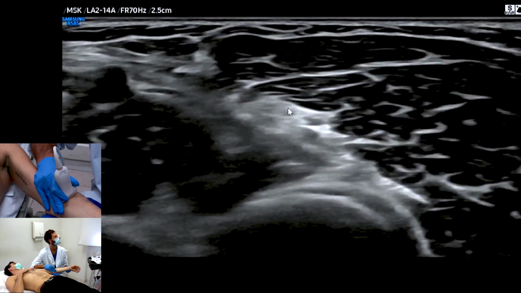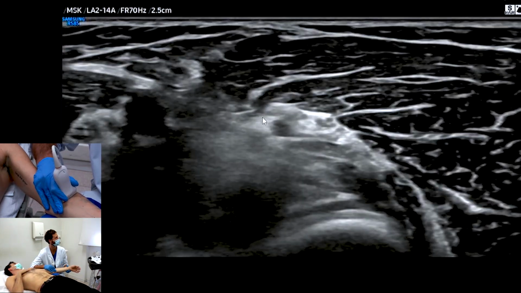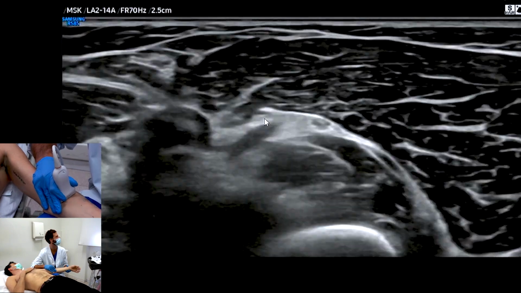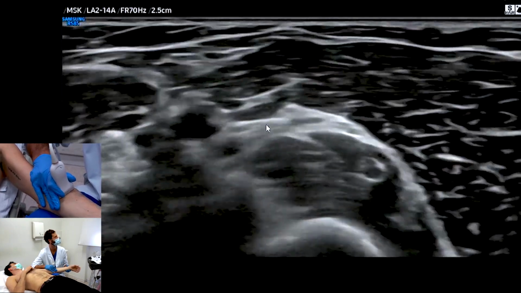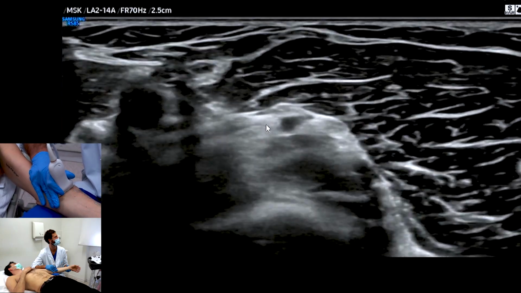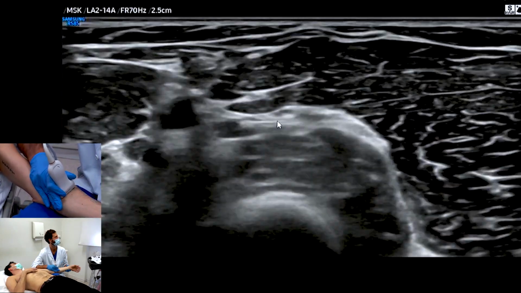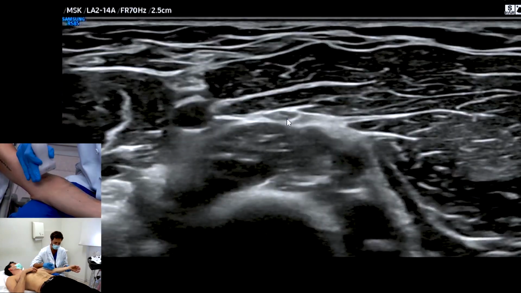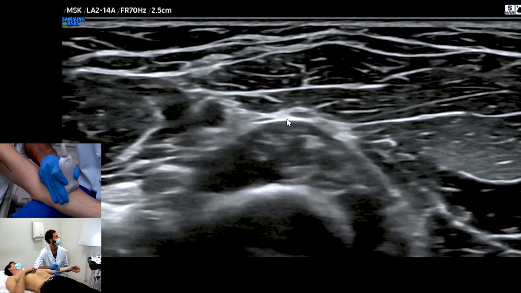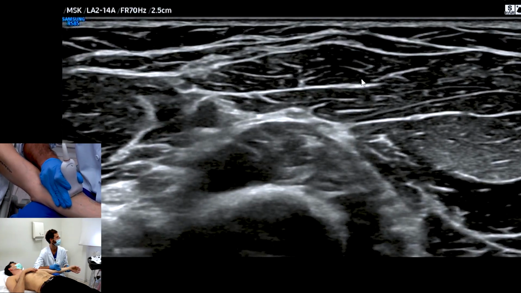To evaluate this nerve, we have to keep the forearm in neutral position, and the superficial radial nerve travels in this fascial plane deep to the brachioradialis muscle.